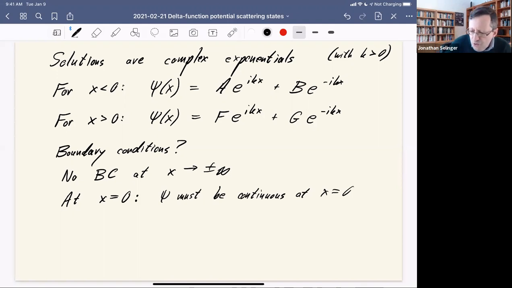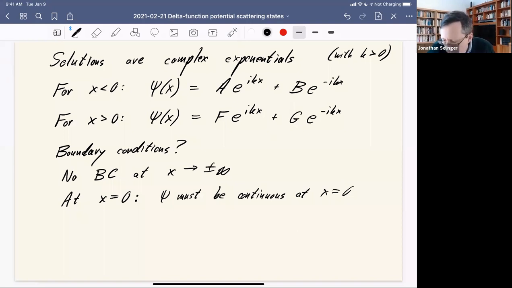That goes along with the whole formalism of Schrodinger's equation: if the equation has a second derivative in it, then the first derivative must be defined everywhere, and so the function has to be continuous. So psi has to be the same on the two sides of x equals 0.